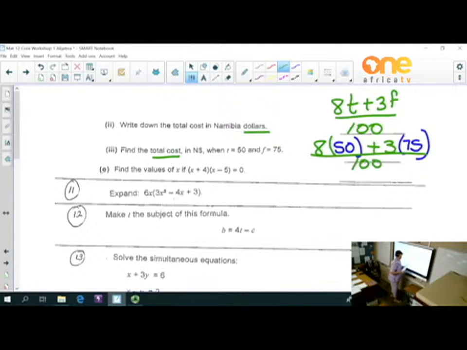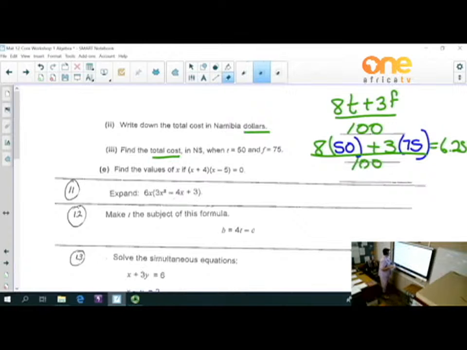I just substitute in that formula. Find the total cost. So now we just do that on our calculators. 8 times 50 plus 3 times 75, and we're going to divide it by 100 because they want the answer in dollars. And I got 6.25.